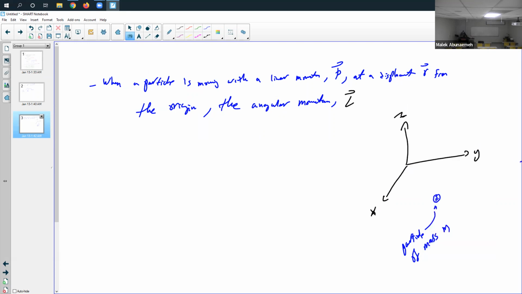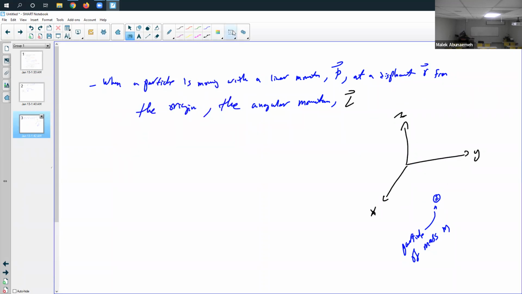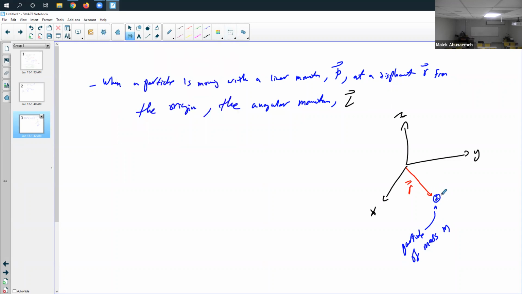Well, it's going to be the radius, that's going to be your displacement, your r. And it's going in with a linear momentum rho.